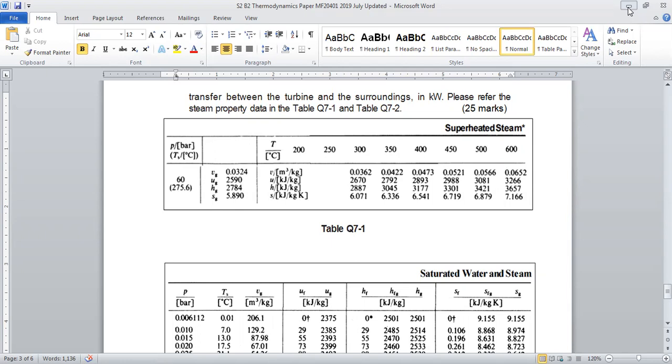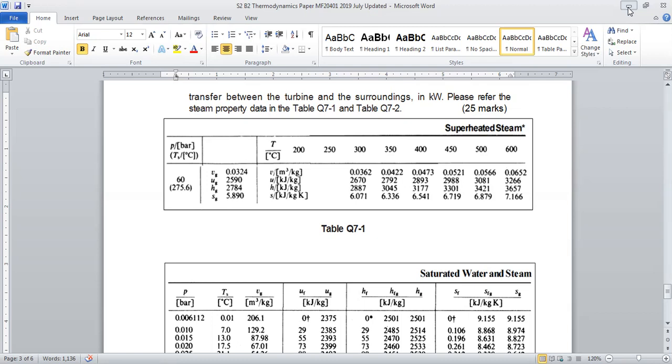Gas power cycles. Okay, so not much analysis this time. So we will check the technological knowledge. We have done 2 to 3 sessions of gas power cycle lessons.